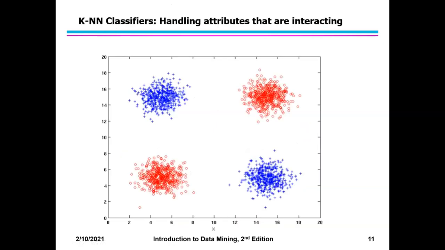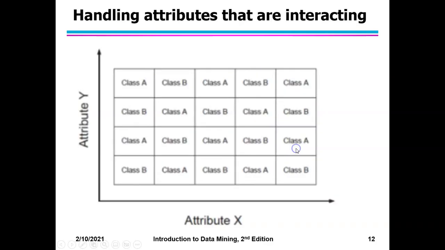Now here are sample clusters made by the KNN classifier, in different colors, red and blue. There are certain attributes that might be interacting. There is a specific pattern you can see over here. For example, if this is class A, then class A repeats, and then class A repeats again.